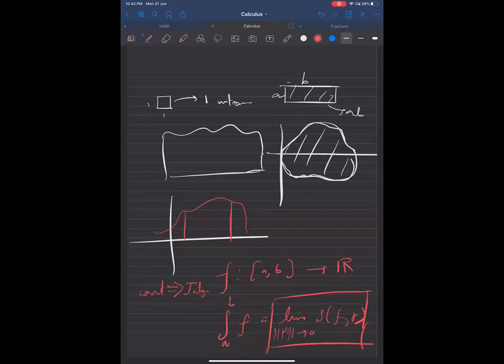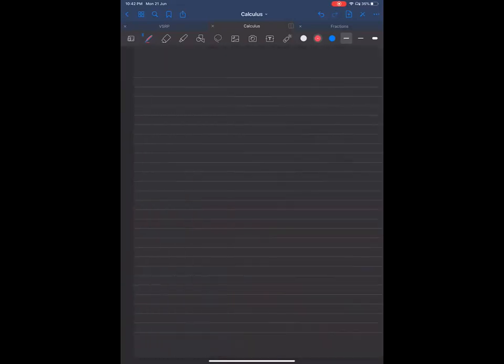So all continuous functions are integrable, but there are some functions which are not continuous but also integrable. That we are not getting into. Now what happened is, the most important part is the fundamental theorem of calculus. So what does that say? Anybody?